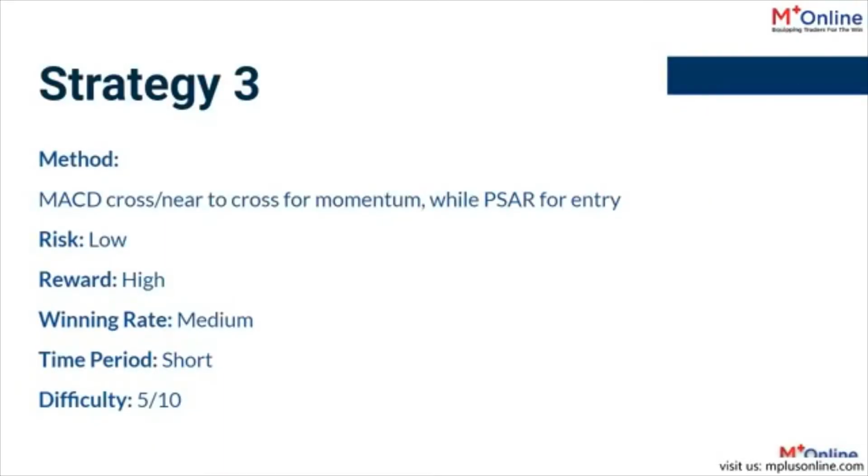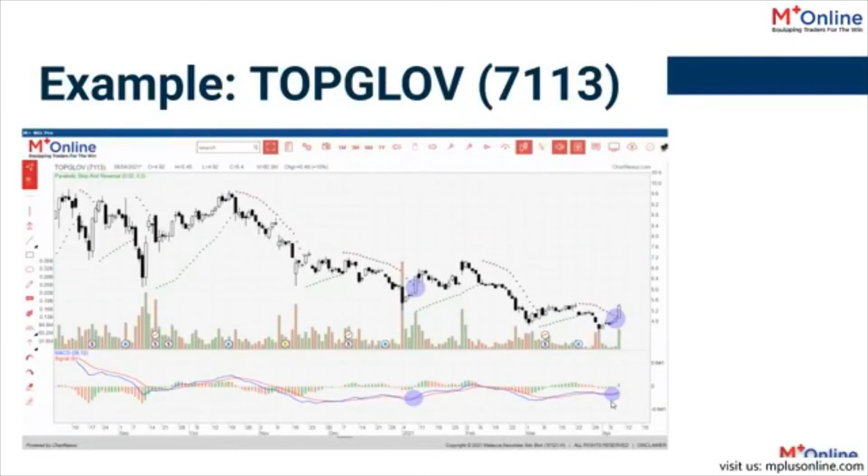And the last but not least, the third strategy, we'll be using MACD. We're going to combine it with MACD, whereby we look for a MACD cross or near to cross for the momentum signal and the Parabolic SAR for entry. So it's also very simple.